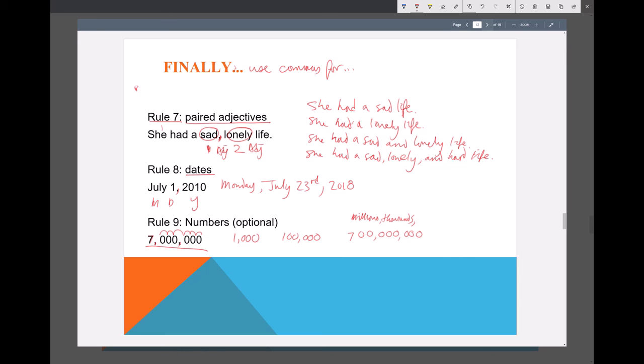There you go. And this is completely optional. But remember, the main rules are paired adjectives, dates, to be clear, to make a list, to separate phrases with conjunctions. So those are the main rules.